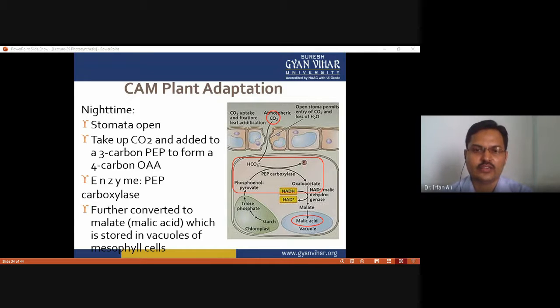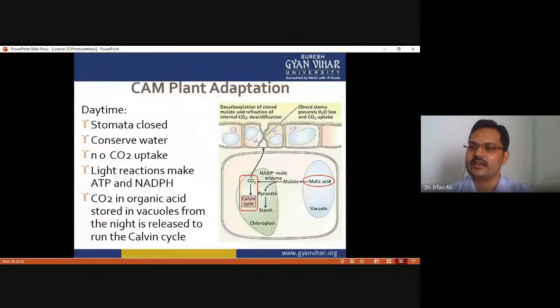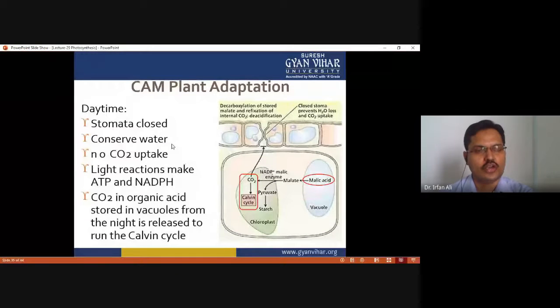And what happens during the daytime? During the daytime, the stomata are closed, but the cell still requires CO2. This CO2 comes from the malate, which is released by the vacuole, and the malate releases the CO2.